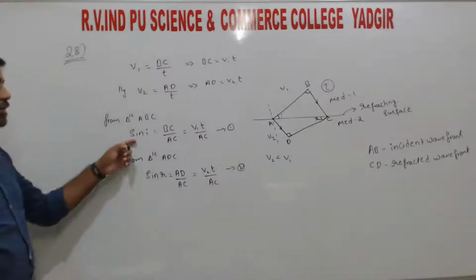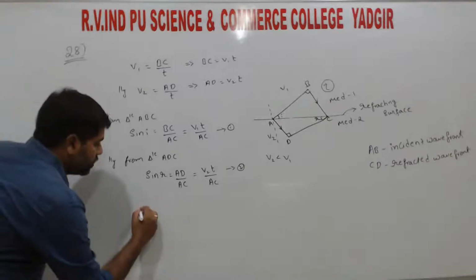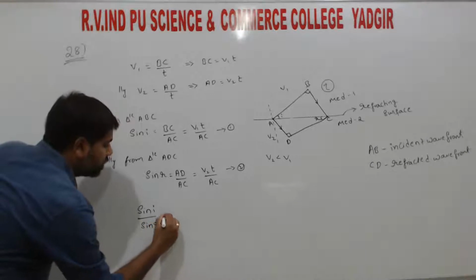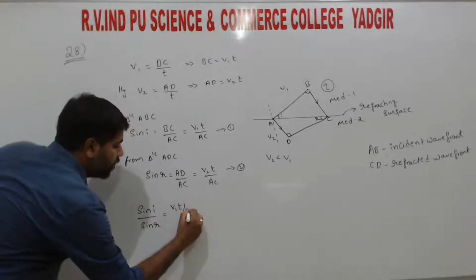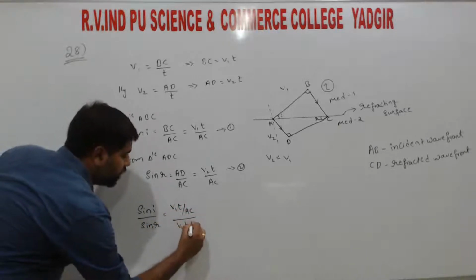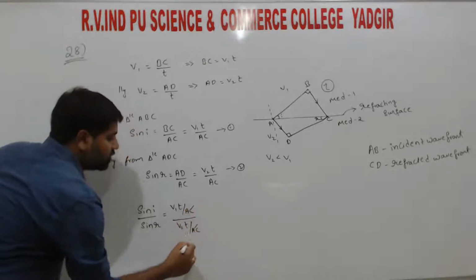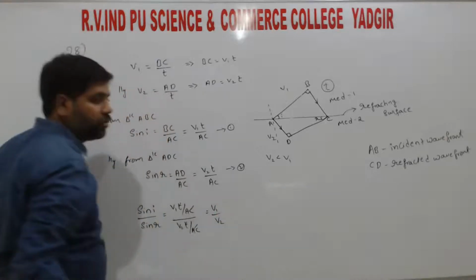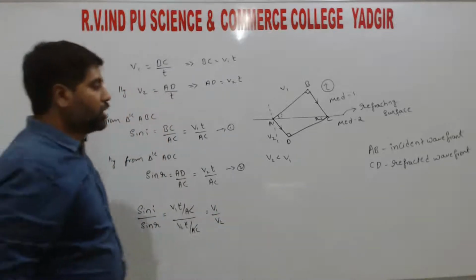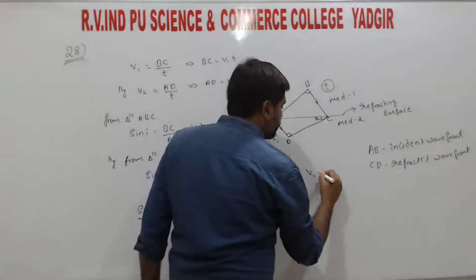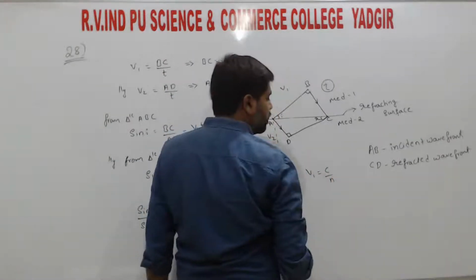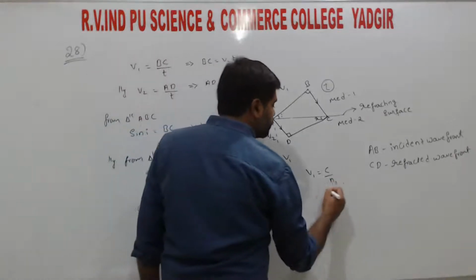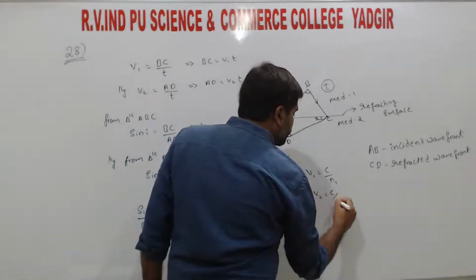Divide the first equation by the second equation. So sin I divided by sin R is equal to v1t divided by AC, divided by v2t divided by AC. AC gets cancelled, t gets cancelled, so we get v1 by v2, right? From the definition, n is equal to c by v, so v1 is equal to c by n1, and v2 is equal to c by n2.